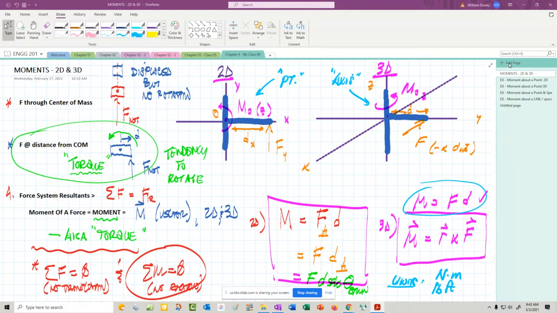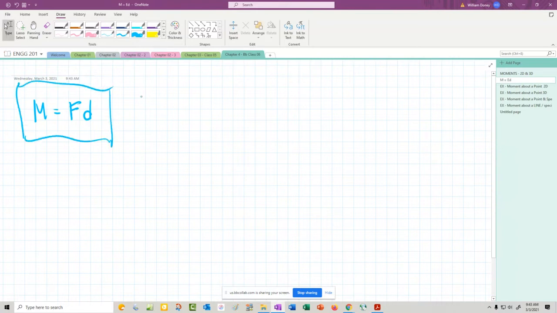Okay, let's go to another page here. I'm going to do a little bit more lecture before we start cranking out some problems. So looking at the general equation for a moment, the moment will equal 0 when either the force equals 0, meaning there's no force present, or the distance equals 0.